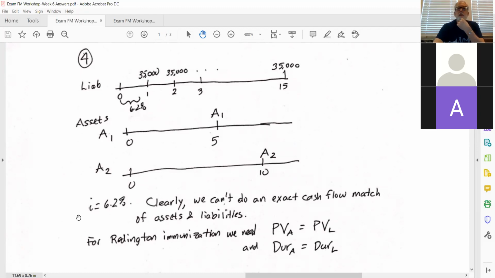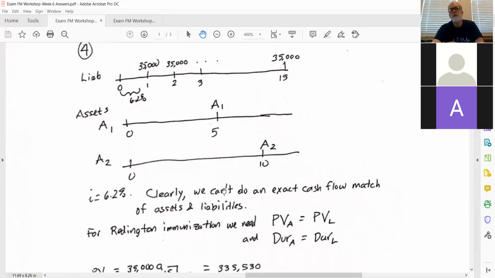The yield for everything is 6.2%, the assets and the liabilities. And it says that the liability has the same present value and duration of the asset. In other words, we're going to use Redington immunization.